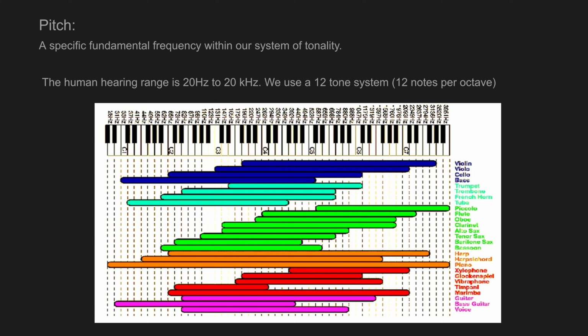Okay, here's a visual representation of some different instruments and what their frequency range is. So, for instance, a human voice frequency range, this is just, generally speaking, the voice will vary depending on your range.